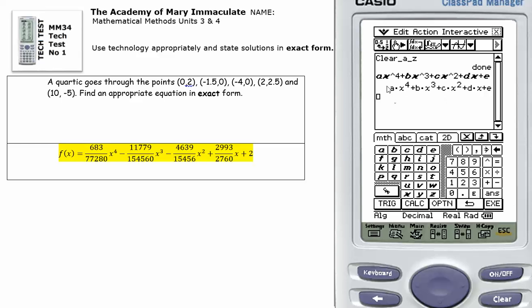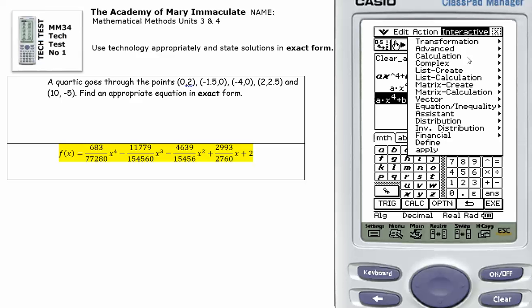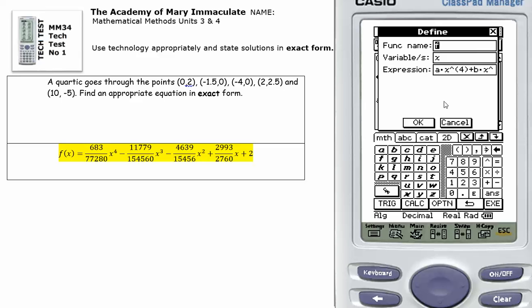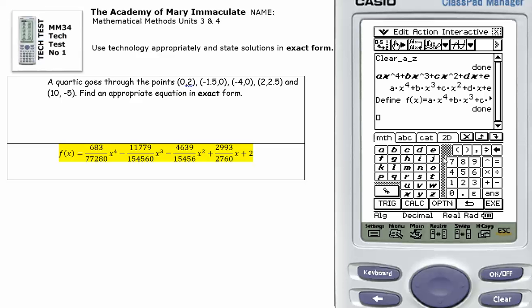Execute, double check that that's correct, take it into a new line, select it, Interactive, define that as Methods x, done. So I've defined the function, the general rule, which is a x to the 4 plus b x to the 3 plus c x squared plus dx plus e as f of x.